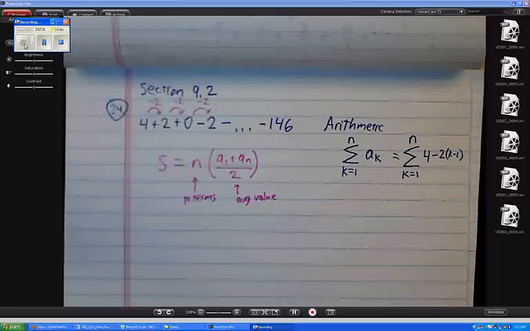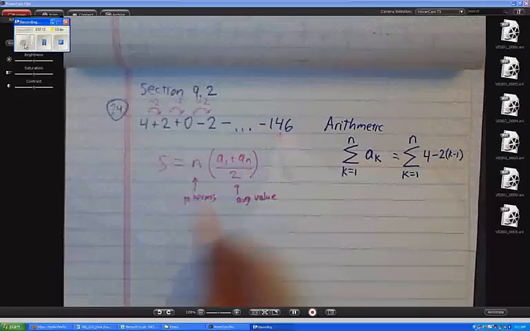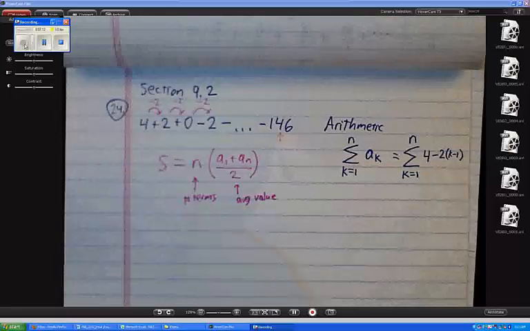I think a better approach is just to count them. Count the number of terms. If I asked you, are there 146 terms, would you say that's the right answer, too many or too few? That's way too many, right? So let's chop that in half, because we're going down 2 every time. Does that make sense?